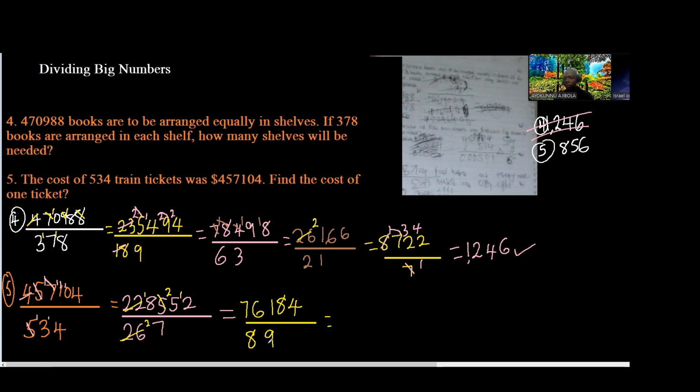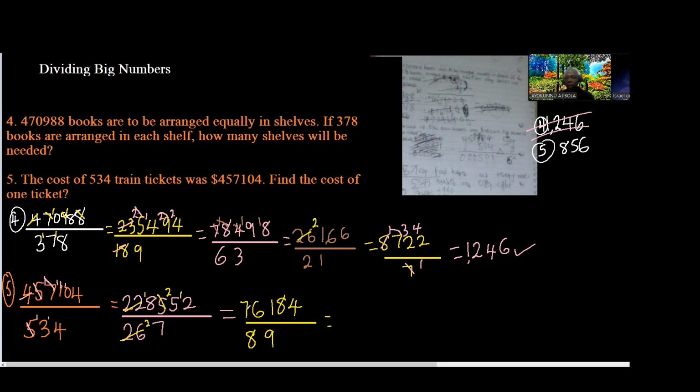Okay, so think again, is there any number that can divide 89? 89 is a prime number, okay? 7 won't go. So 89 is a prime number, and nothing can divide it apart from itself and 1. So we use our 89 straight away to divide.